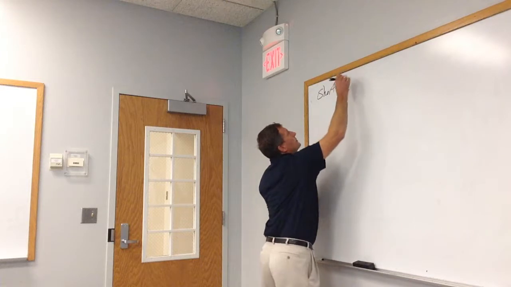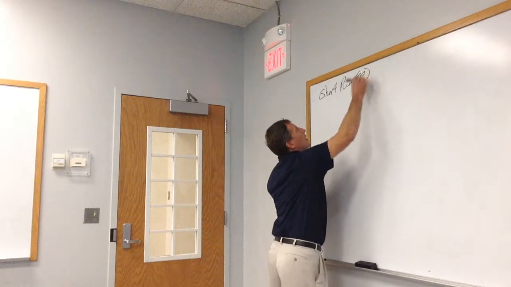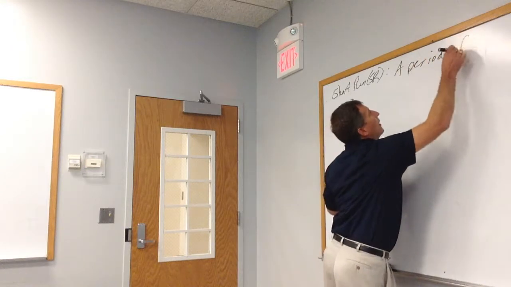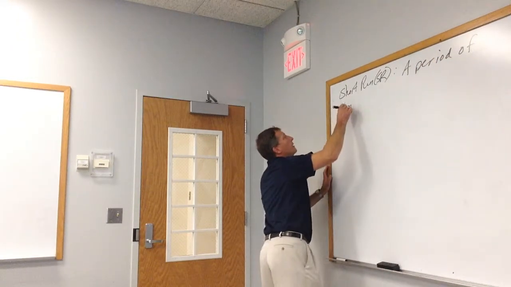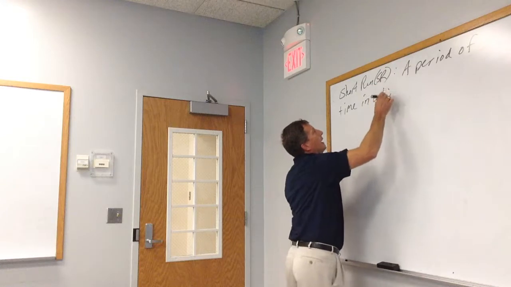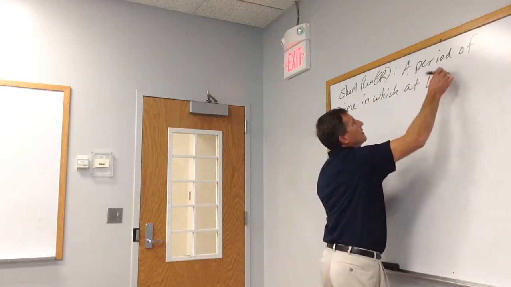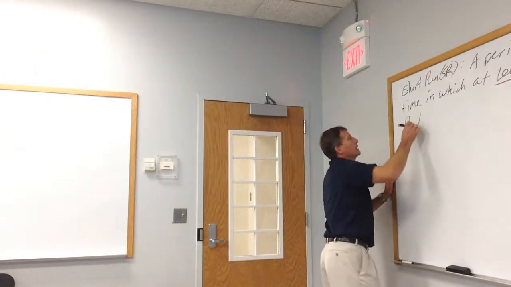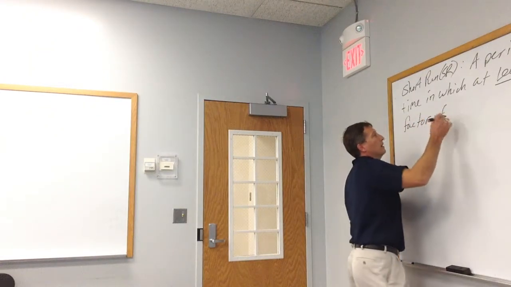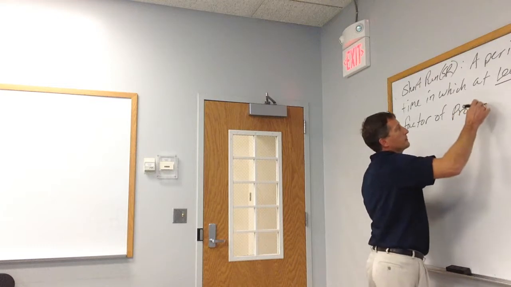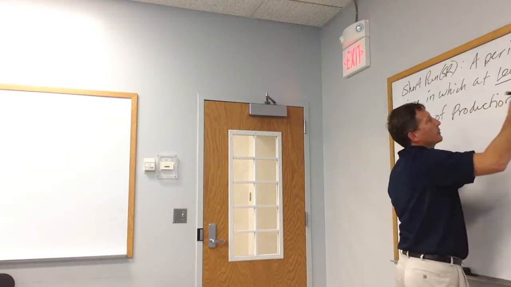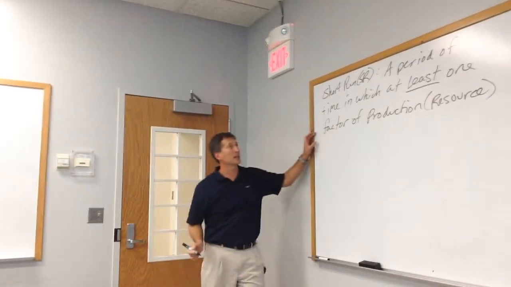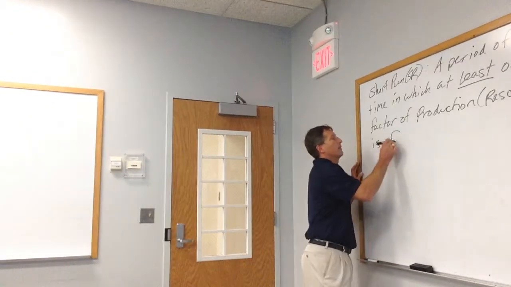The short run is a period of time in which at least one factor of production, one resource, one of our many words that we use for resource, at least one factor of production is fixed.